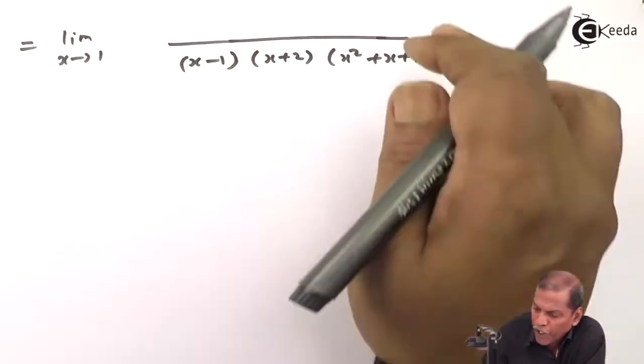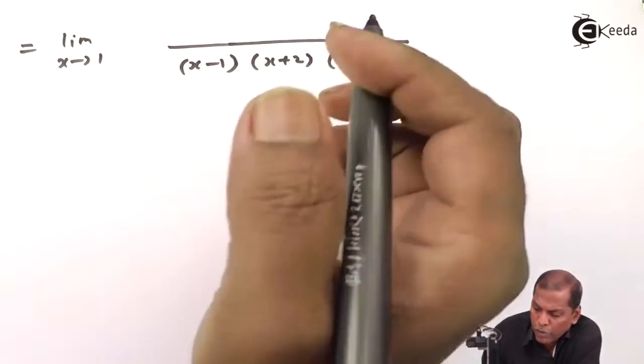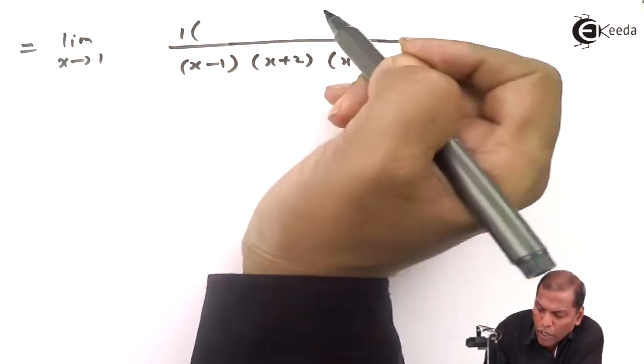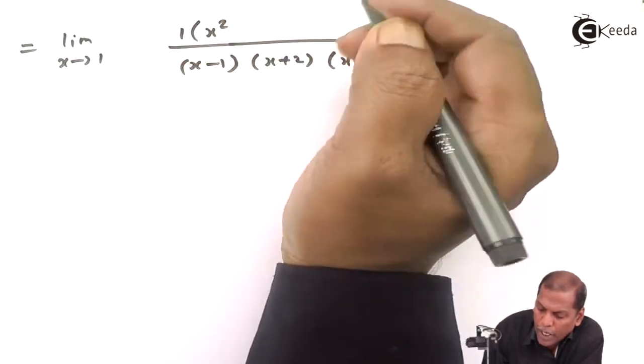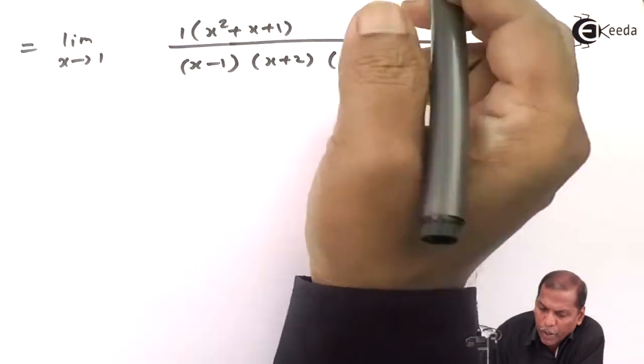Out of these three, x square plus x plus 1 is absent in the first term, so we write 1 into x square plus x plus 1 in the numerator.